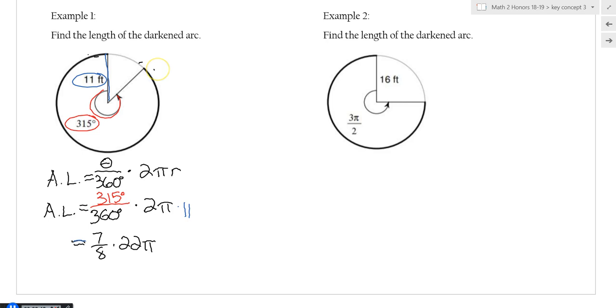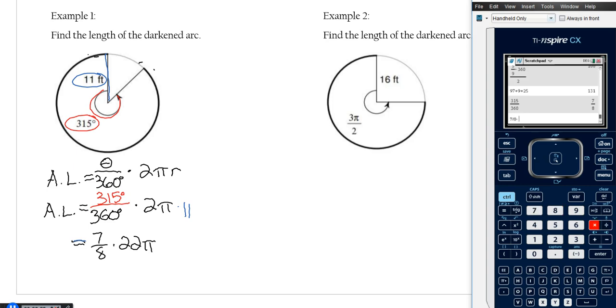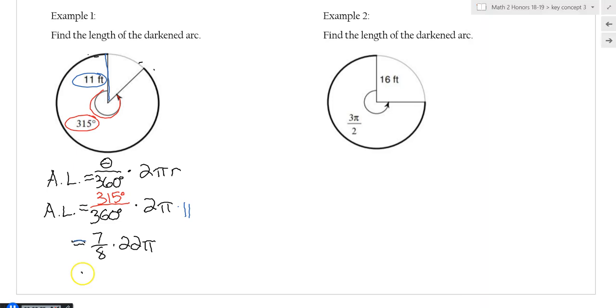So this whole portion of the circle here is 7/8 of the whole circle, and the whole circle is 22 pi. So now when I type this part in my calculator, I'm going to do 7/8 times 22. I'm not going to worry about the pi right now. And I get 77.